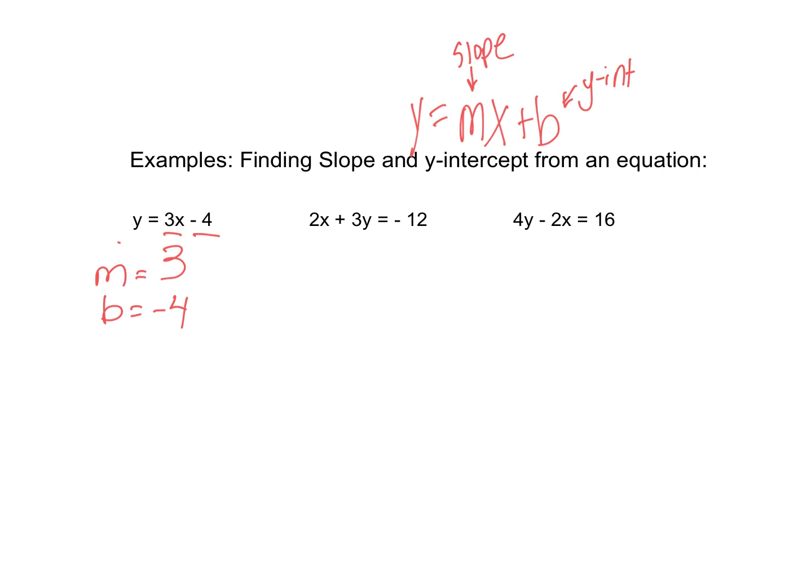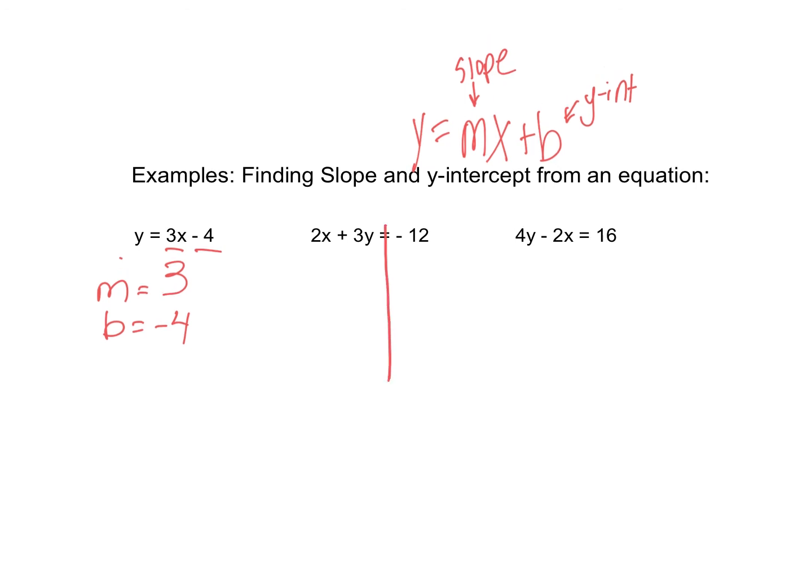Now, the next one, though, the x and the y are both on the same side, and y is not by itself at all. So this one's going to require me to rearrange the equation first. Here's how that works. If I'm trying to get y alone, that means I have to find a way to get rid of this 2x and this 3.